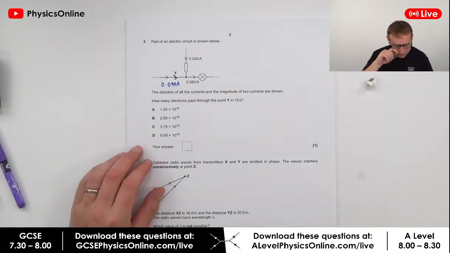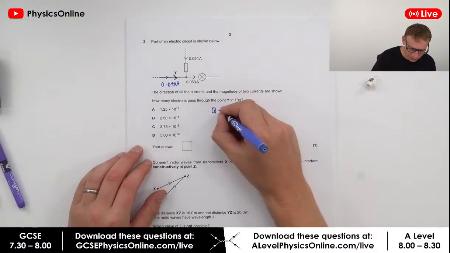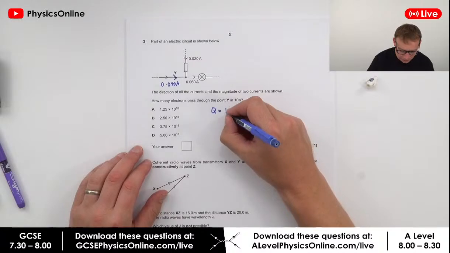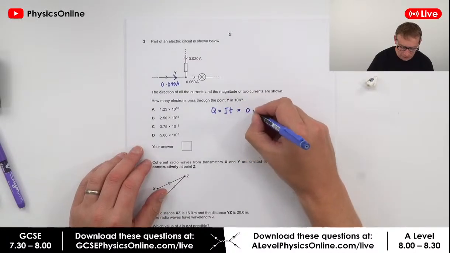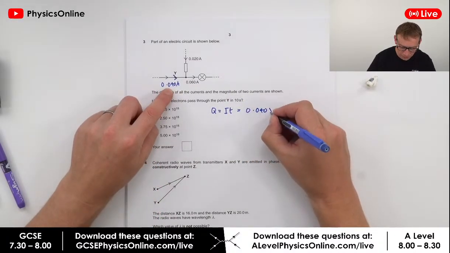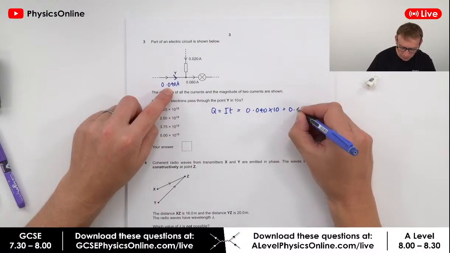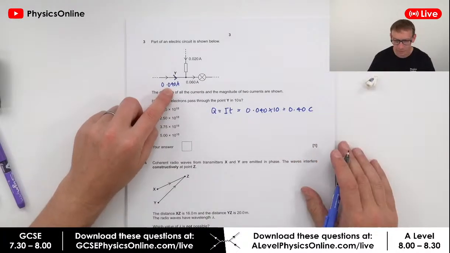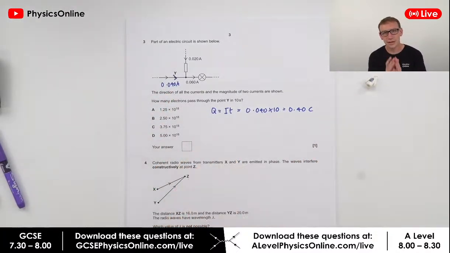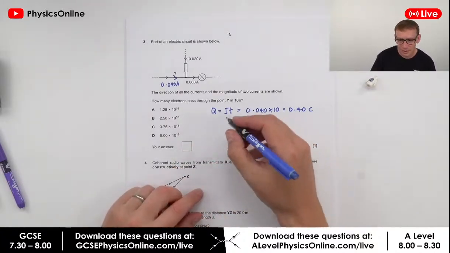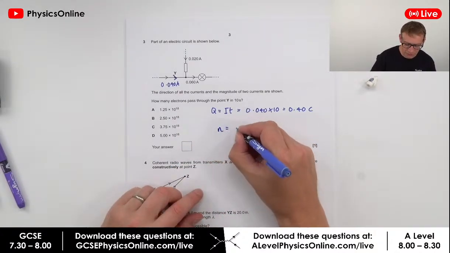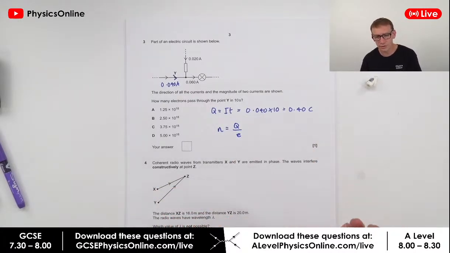Okay, so how many electrons? Well, the total charge transferred is going to be equal to the current multiplied by the time, which is 0.040 times 10, which is 0.40 coulombs. Okay, now the equation that they don't give you in your data book is that the number of charge carriers is equal to the total charge divided by the charge per charge carrier.